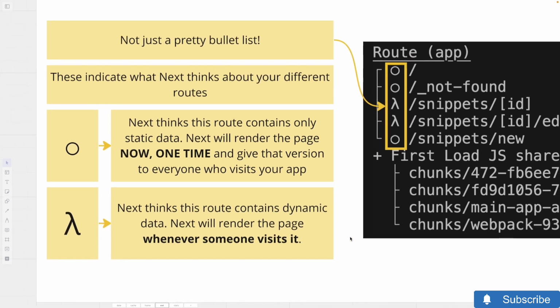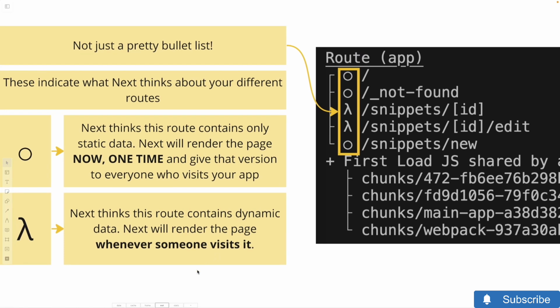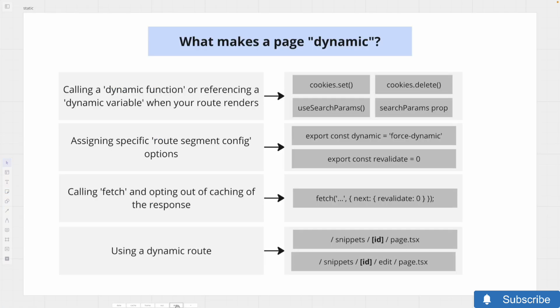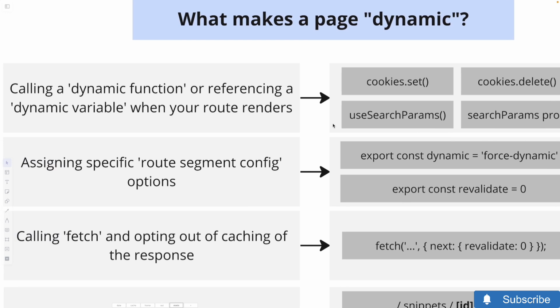So now the big question becomes, how does Next decide what a static route is and what a dynamic route is? All pages by default are static. In order to become a dynamic route, we have to do one of a couple of different things inside of that route. So these are all things we can do to make a page dynamic. A lot of different things here, and you really do not need to memorize all of them.